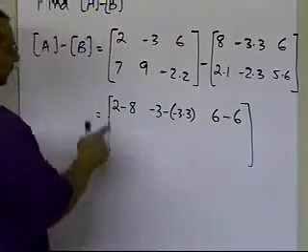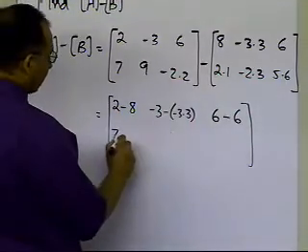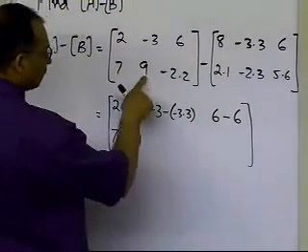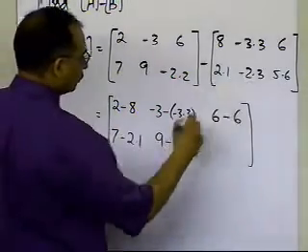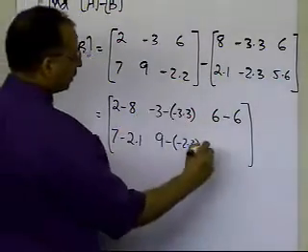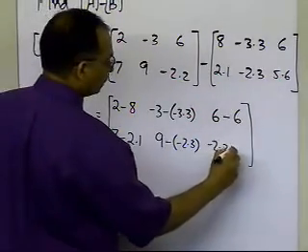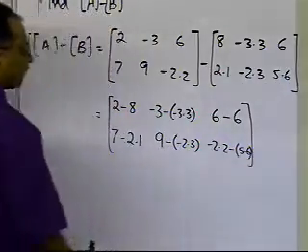Then second row, first column, minus the second row, first column. Second row, second column, minus the second row, second column. And the same thing here, second row, third column, minus the second row, third column.